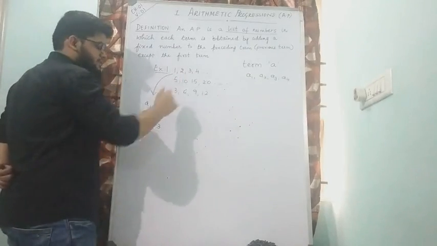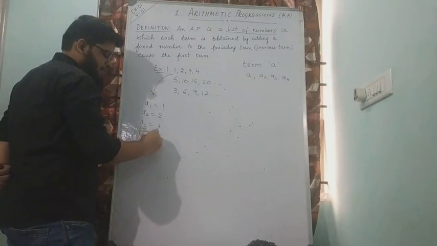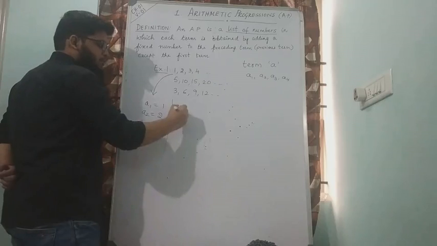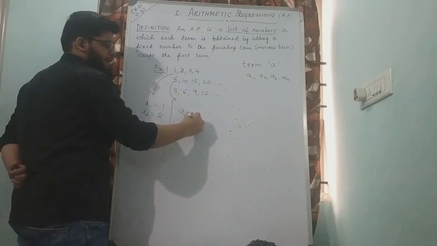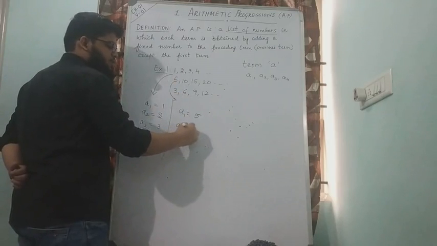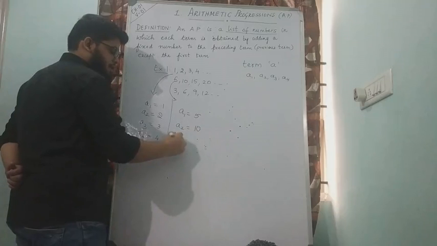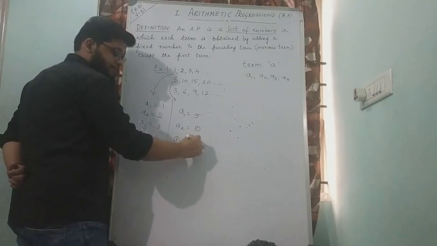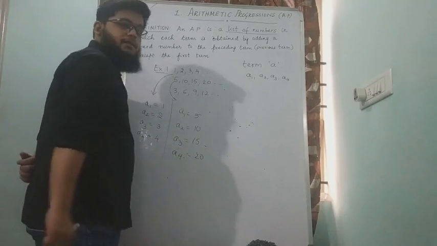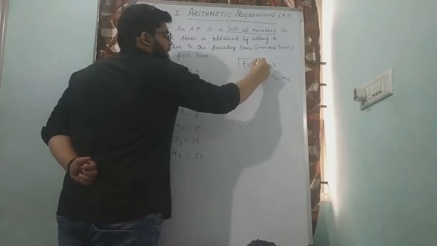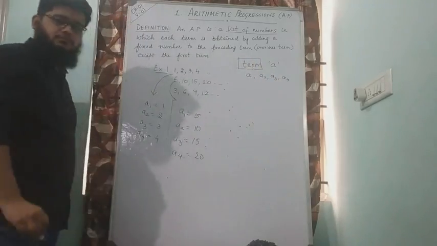And fourth term is 4, therefore A4 is equal to 4. Similarly, what will be A1 in example number 2? 5. What will be A2 or second term? 10. What will be A3? 15. And what will be A4? 20. I hope you all have understood the meaning of the word term.